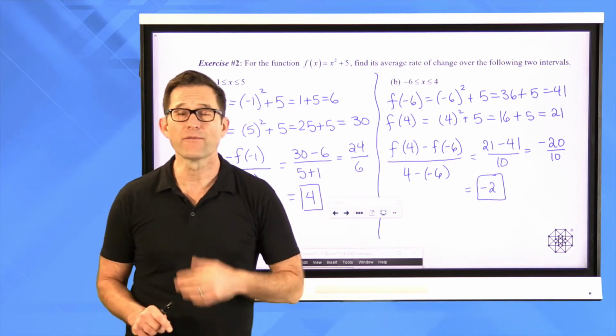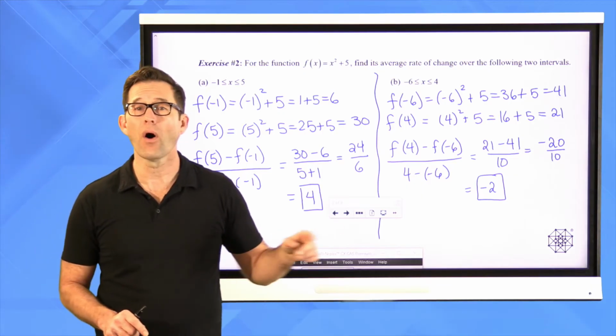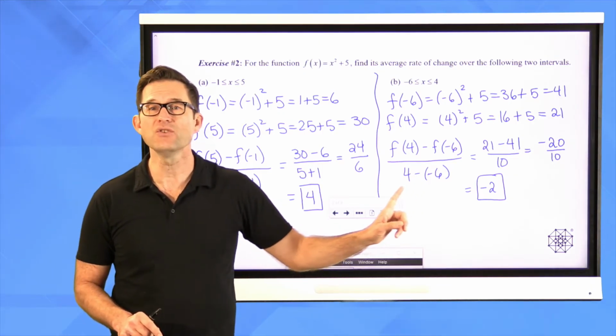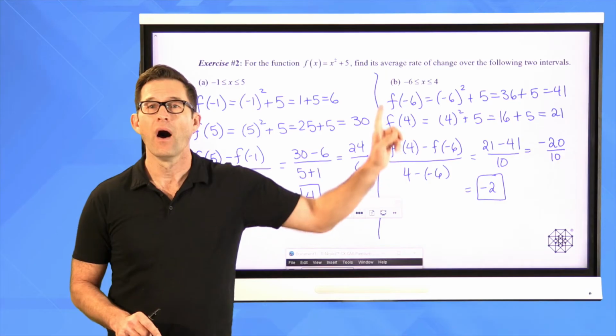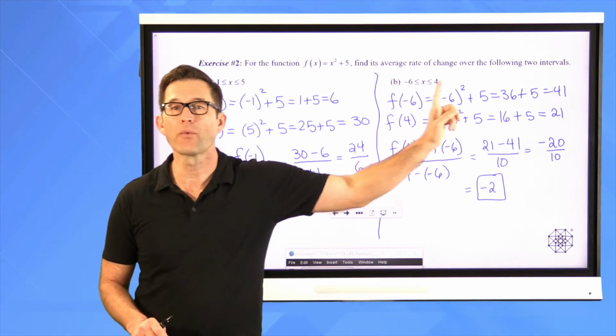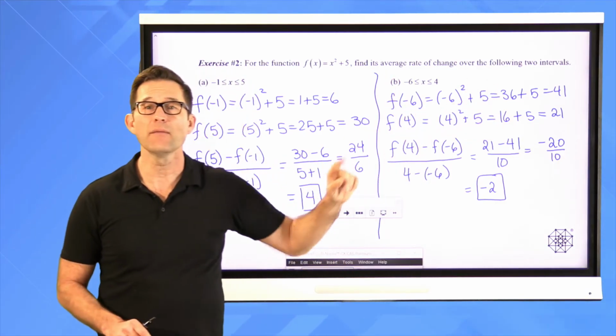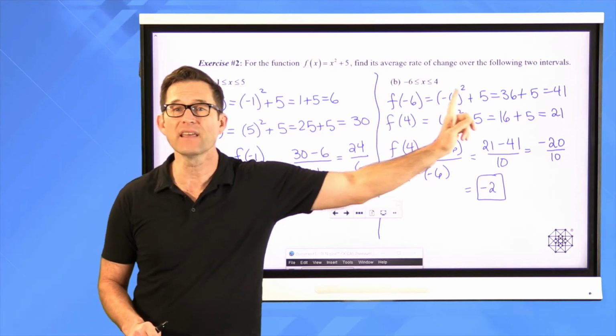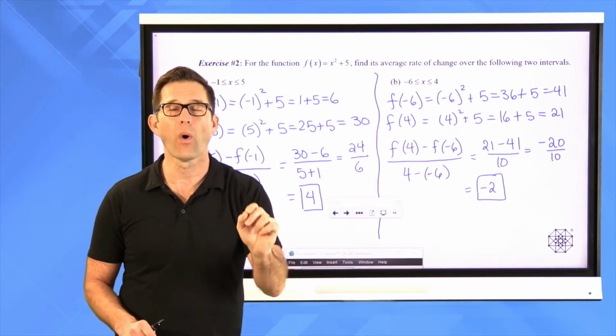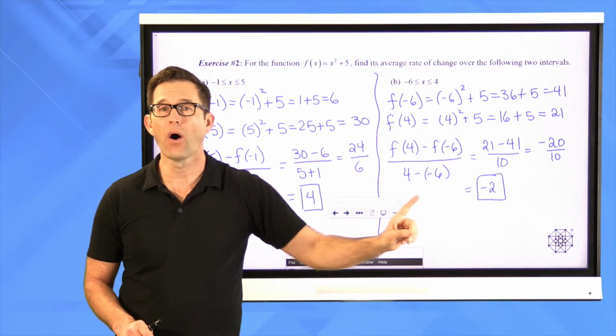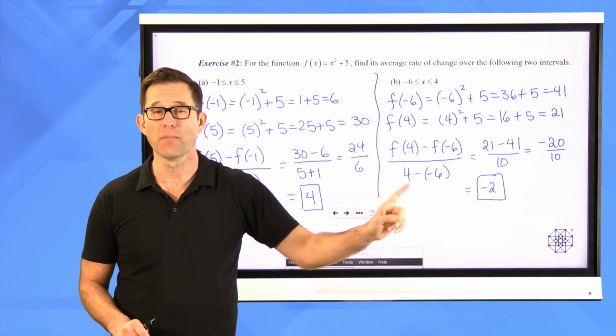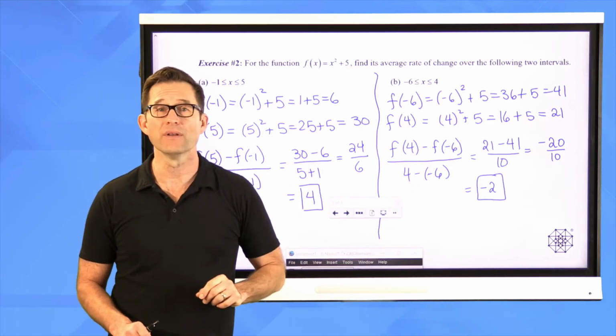But you'll find, for me at least, I will always try to keep the change in x positive. I will always move from left to right so that I can be thinking about, as x increases, what is y doing? So every time in my calculation, that denominator is going to end up positive.